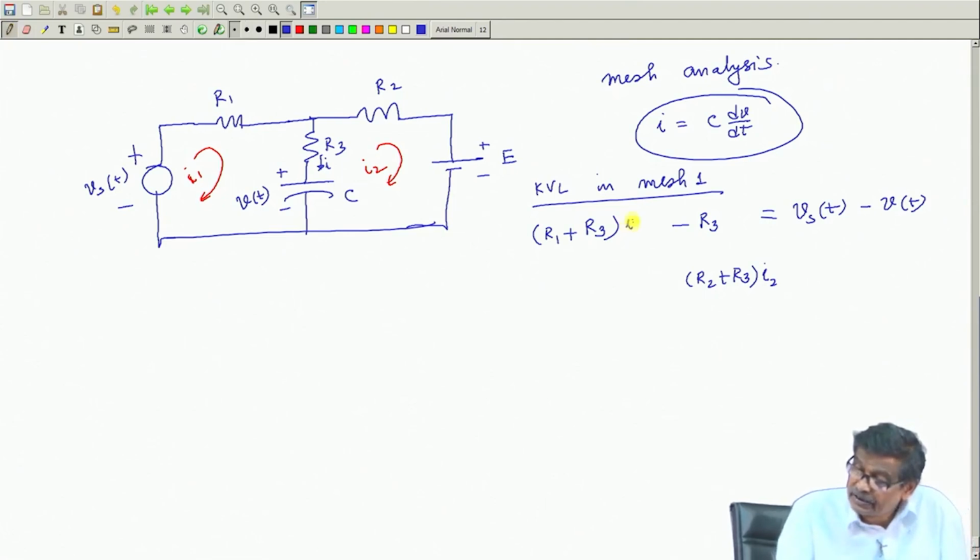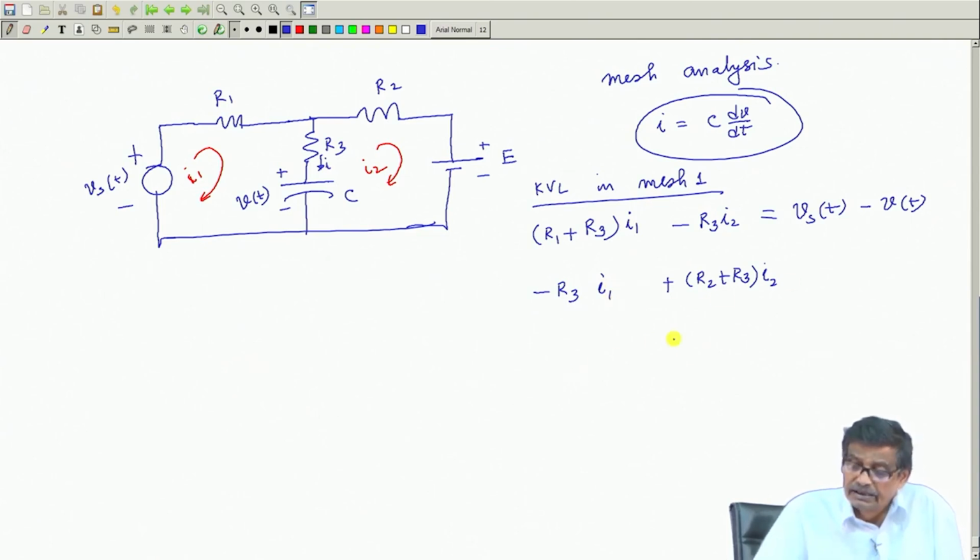So, this is I1, this is I2, and this is R2 plus R3 into I2, this is the mesh current I have assumed plus, and then this is minus R3 into I1. That is fine, and on the right hand side the sources will be VT minus E. That will be the thing, and these two equations you have to solve.